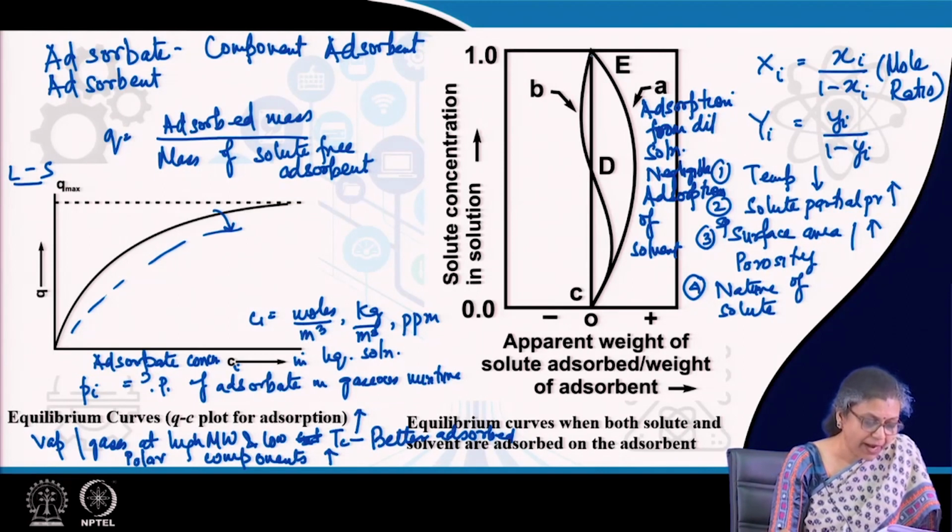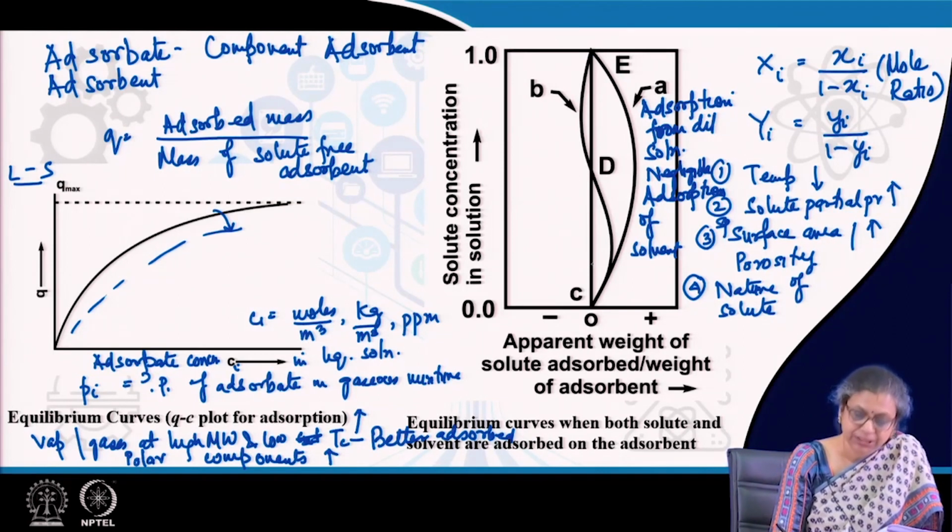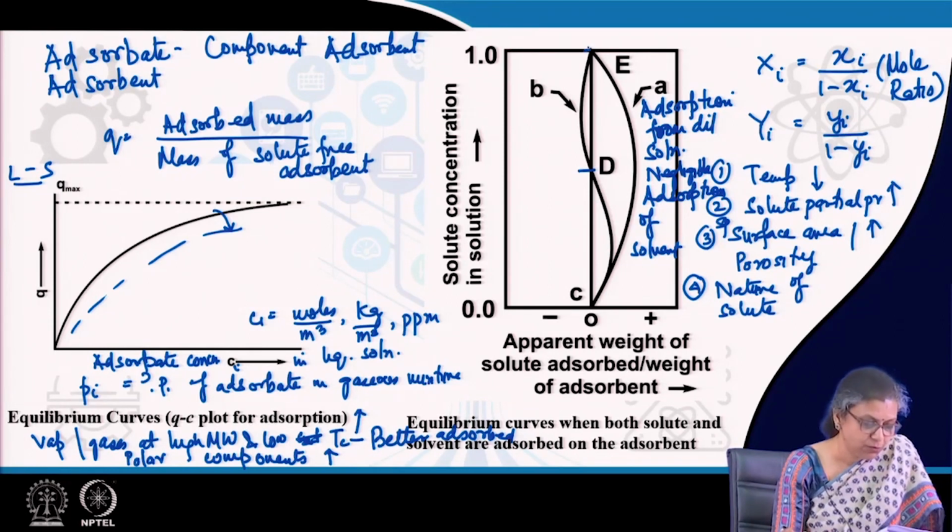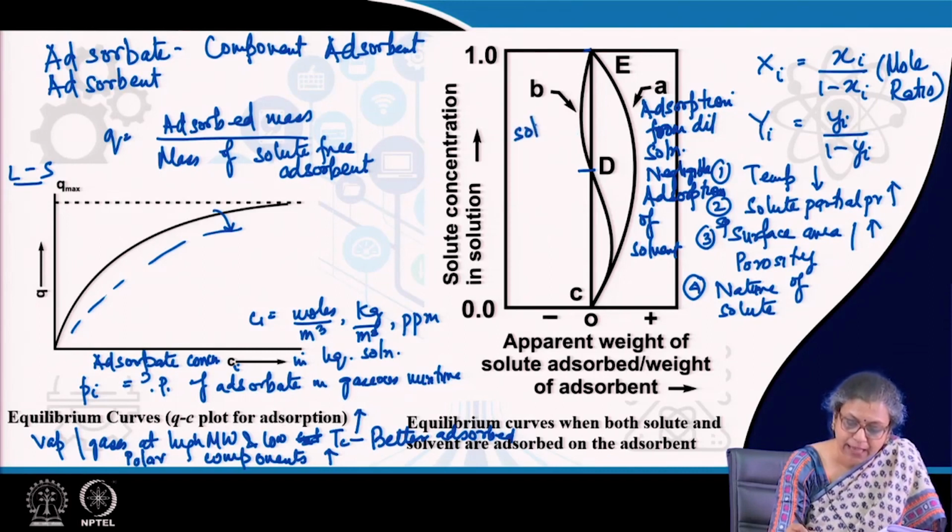But when the solvent is appreciably adsorbed, we actually have a curve something of this sort, where in this part D to A the solvent is actually more strongly adsorbed as compared to the solute.